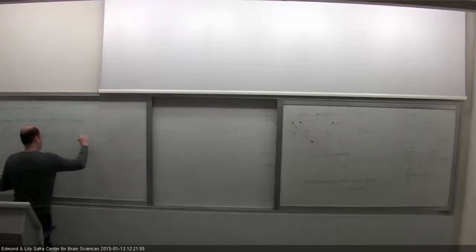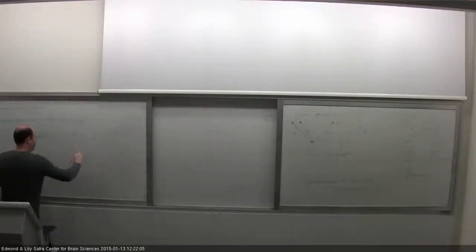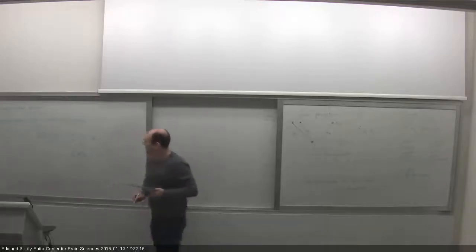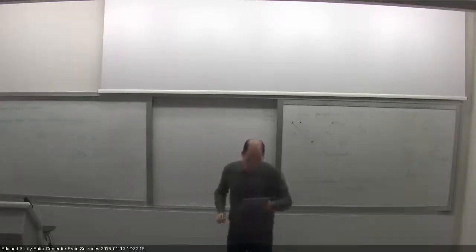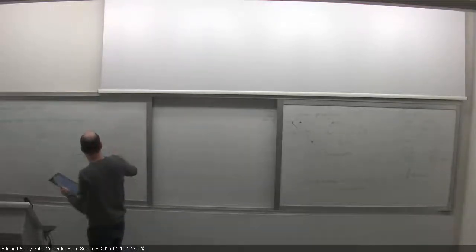So here you see explicitly that the P of X is important, and the error for the particular W. I remind you, this is the difference between W transpose X and f of X, squared.